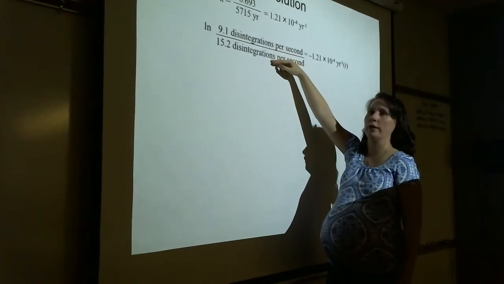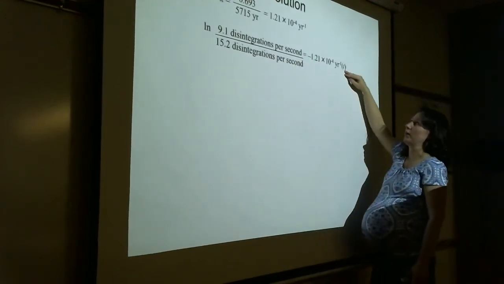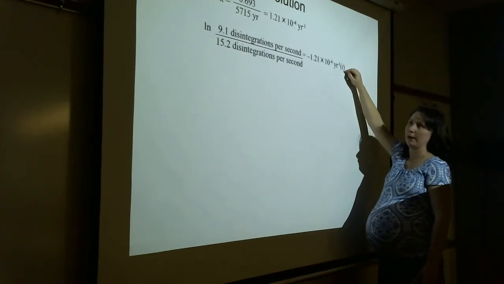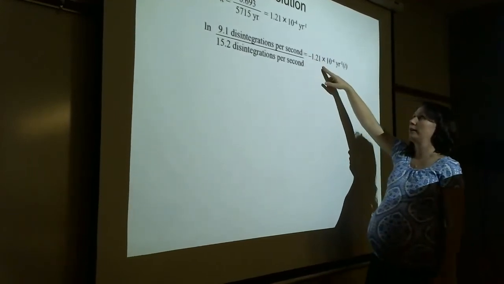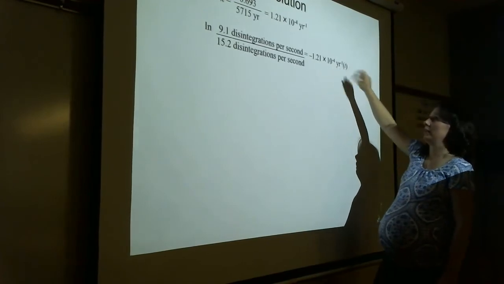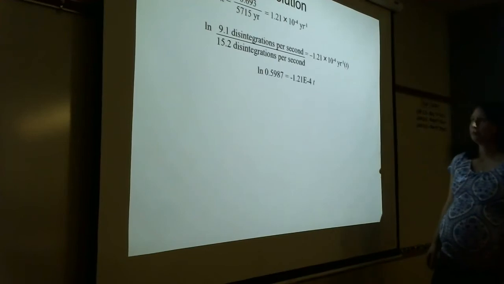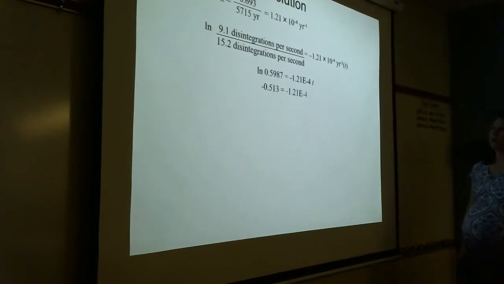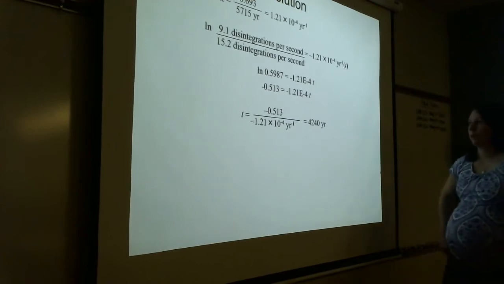So old over current is equal to negative kt, and we're solving for t. Natural log of old over modern is equal to negative kt. Negative, don't forget the negative there. So we do a little bit of rearranging, and we get 4,240 years.